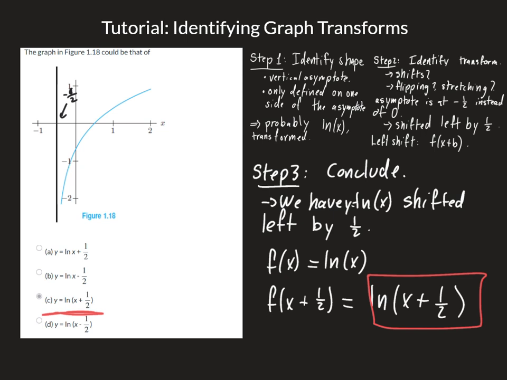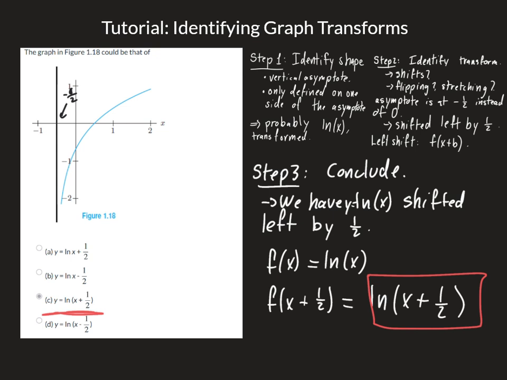I could have given you a straight line, and you know that's a linear function. I could have given you an exponential, and you would have seen the shape and thought to yourself, that's exponential. Whatever it is, the first thing you need to do is see whether the general shape of the graph is something that you recognize. In this case, natural log.